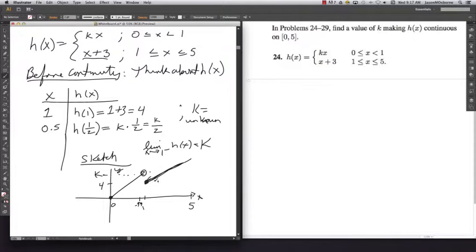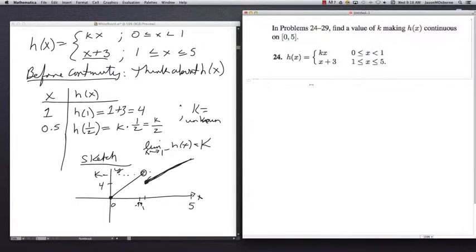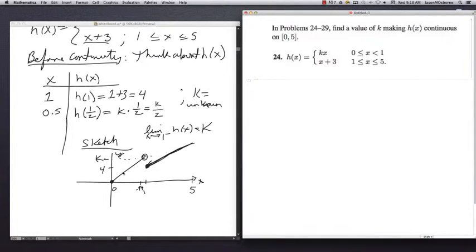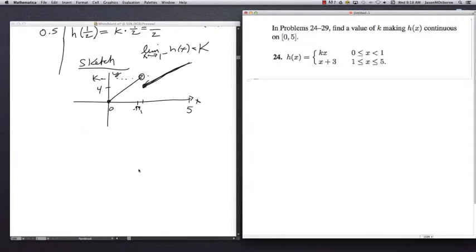This function, the x plus 3, is not defined over here in the 0 to 1 range. So I'm just trying to draw a sketch of a line here. So that's using the table of values. We've got a pretty good idea of what this function is doing now. And the question is, what value of k do we need to make this function continuous?